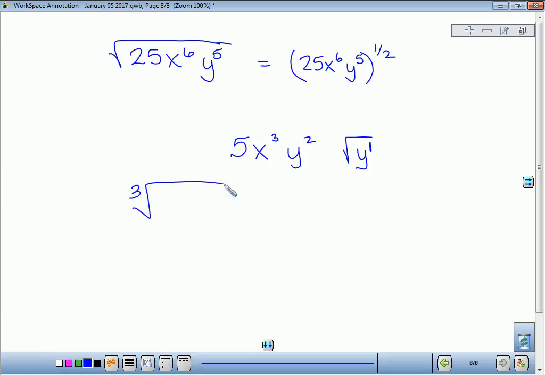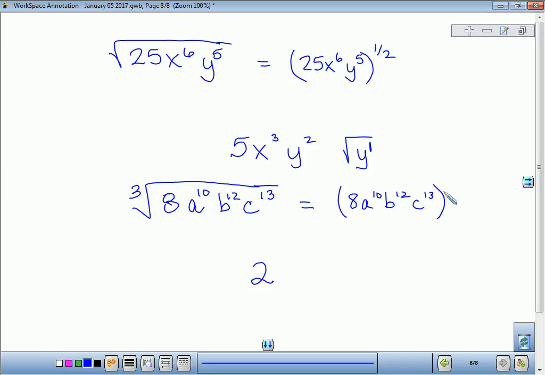Let's do a cubed root. All right. Do you know the cubed root of 8? Yeah. What's the cubed root of 8? 2. Okay.